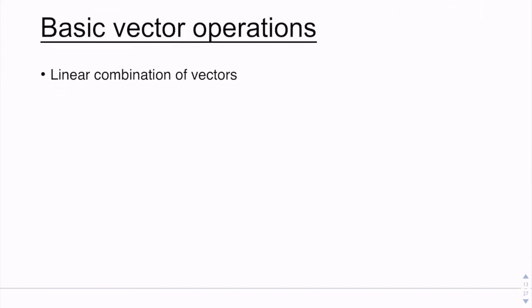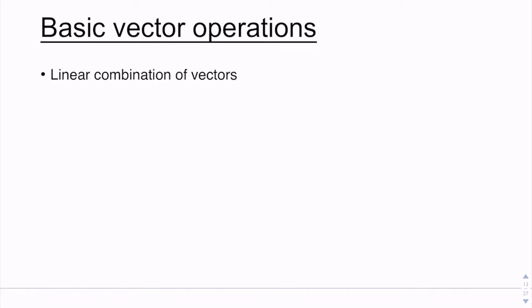The other operation is the linear combination of vectors. So far we talked about how we can sum up two vectors and how we can do scalar-vector multiplication. We can combine these two operations, and that leads to a linear combination of vectors.